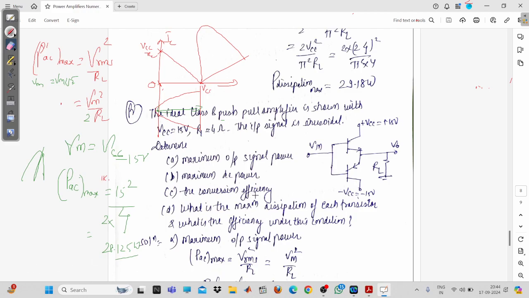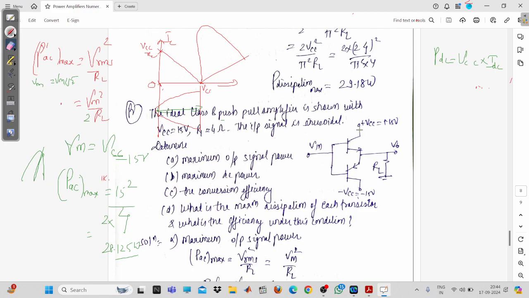Now, the maximum DC power. Maximum DC power will be equal to what? PDC will be equal to VCC into IDC. Now you can see here IDC is the combination of the two currents, because you can see here the two voltages are there.